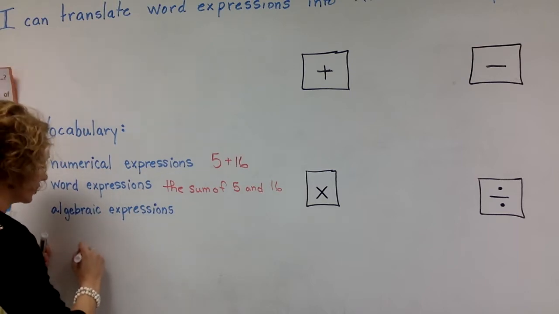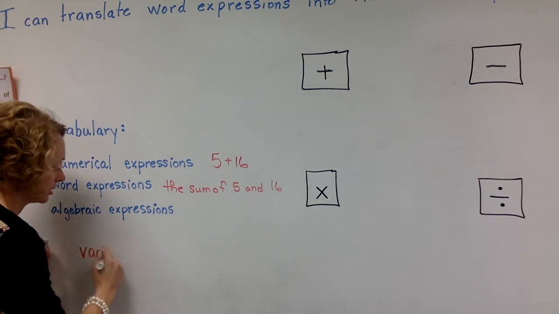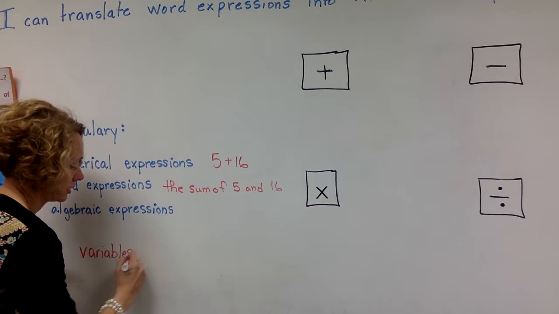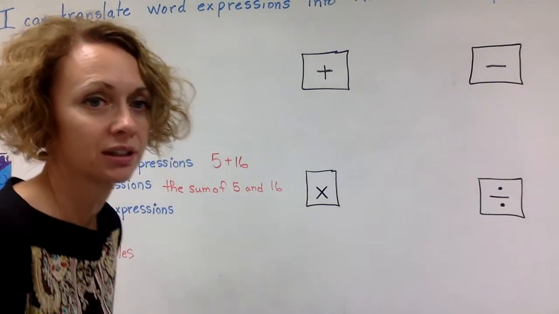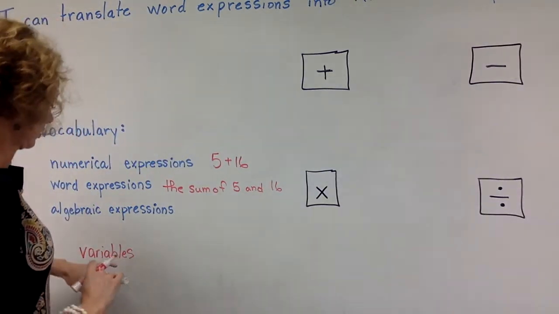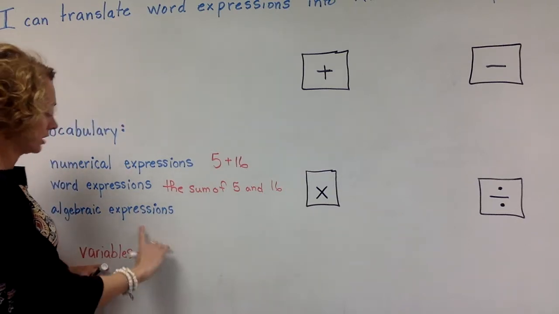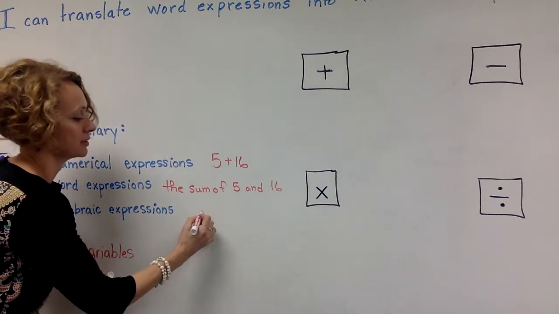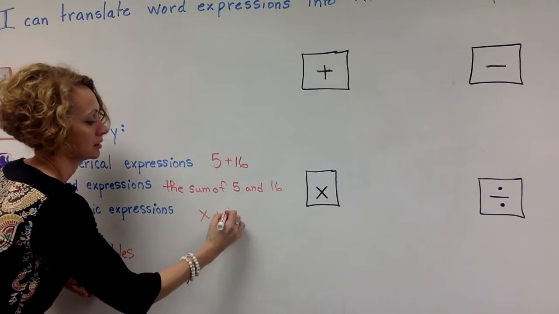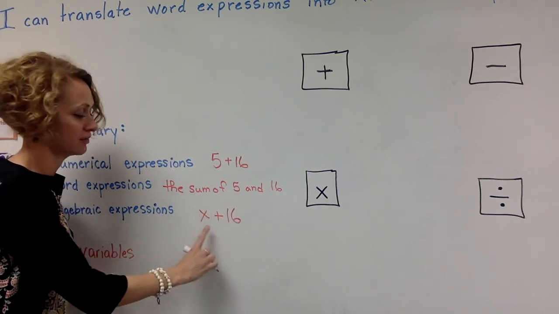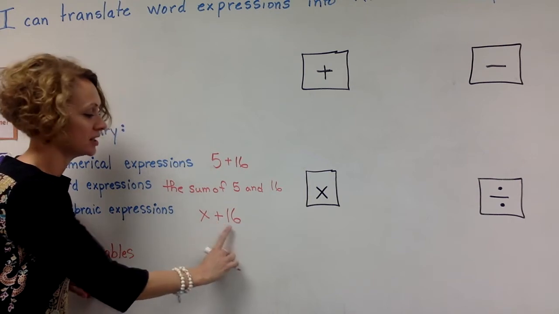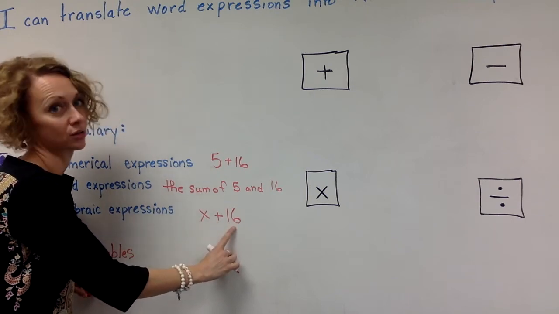And we know what a variable is. A variable is an unknown, and any letter can represent that number. So it just varies in the situation, and that's why it's called a variable. An example of an algebraic expression might be something like x plus 16. It has variables in it, operation signs, and also numerical values.